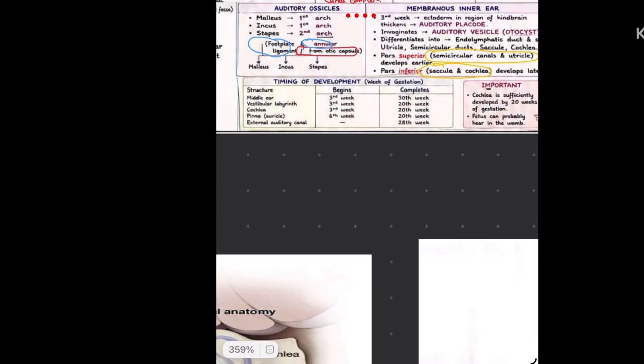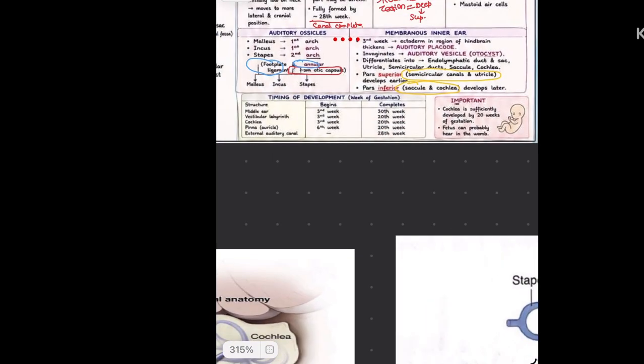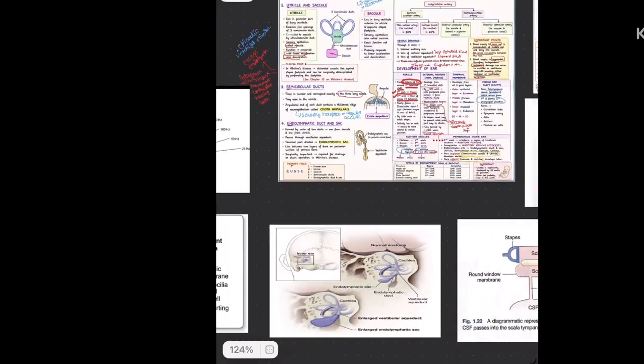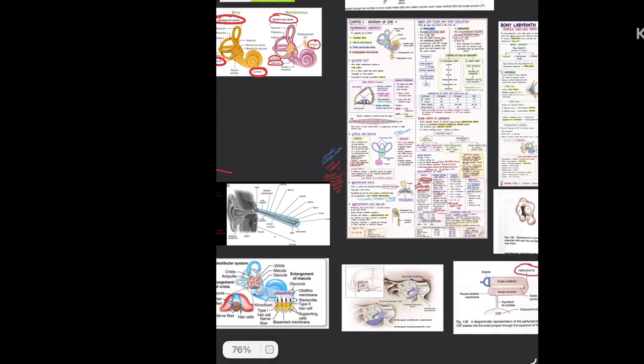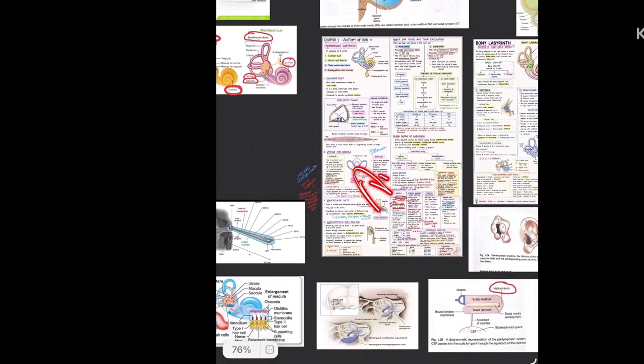The cochlea begins at the 3rd week and completes at 20 weeks. So that's why a fetus can probably hear in the womb, because the cochlea is sufficiently developed by around 20 weeks. So by this we have completed the inner ear also, and the anatomy of the ear is completed. All these things are completed.